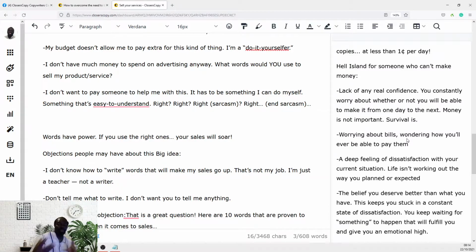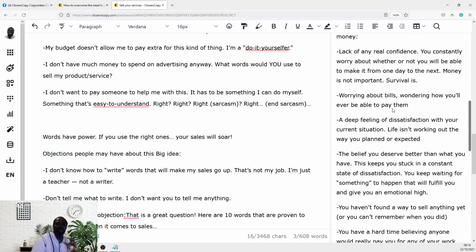So you could write emails around dealing with the lack of real confidence and worrying about what you're able to do from day to day, and being able to survive life, and then find a way of connecting that to ebook sales. Or write about struggling with your bills and how you're going to pay them, and again connect that to ebook sales.